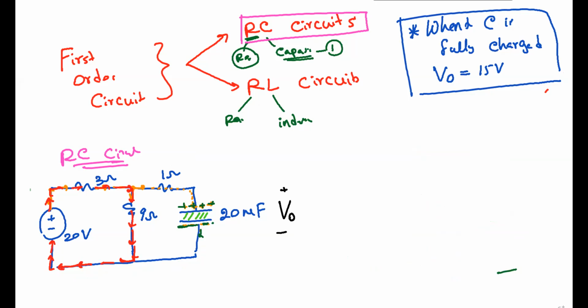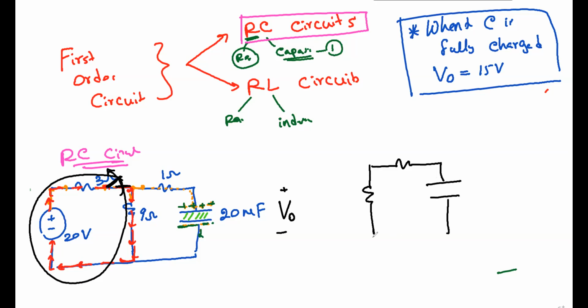Now what I'm going to do is, in case I open this one, for example, if I have a switch here, if I open the switch after some time, now what will happen? If I remove this part from the circuit, that means if I open the switch, my circuit now will be this, isn't it? Am I right, guys?